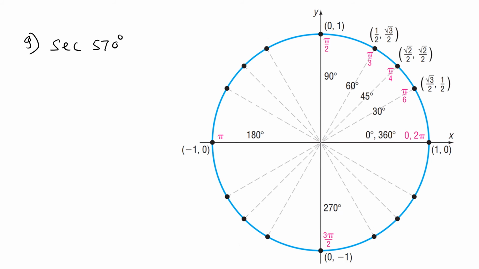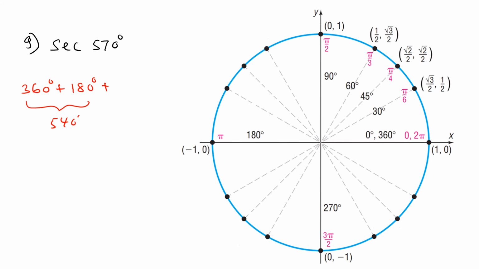And then let's go to the next one, secant 570. When you have 570, we need to do a simple calculation. 570 means 360 plus 180, and if you do that, you're going to get 540.